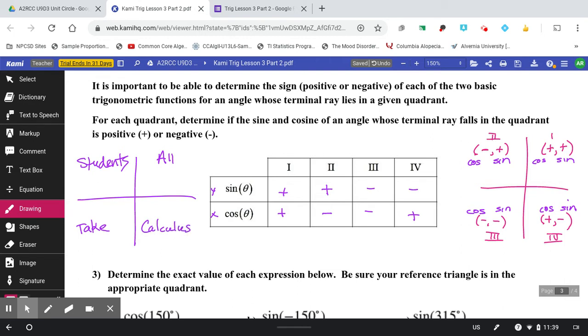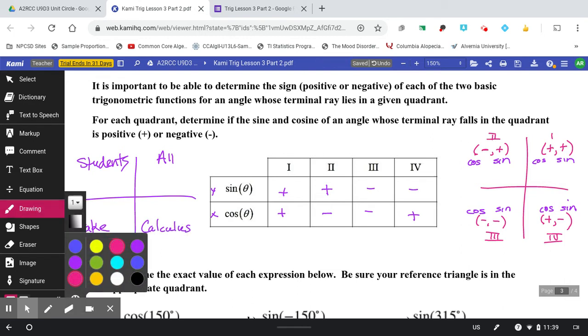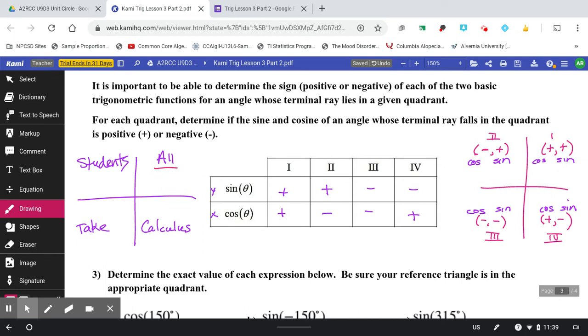Now, what does this mean? Really, all it means is that all trig functions are positive in the first quadrant. You're going to learn what all the other ones are in the next lesson. That's what the A stands for.